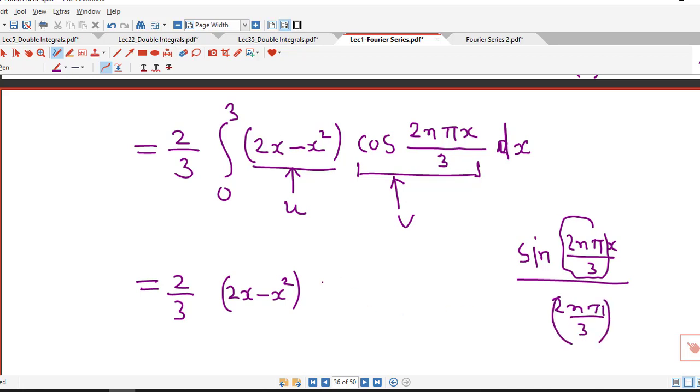So we can rewrite this as 3 divided by 2n pi times sin 2n pi x divided by 3.